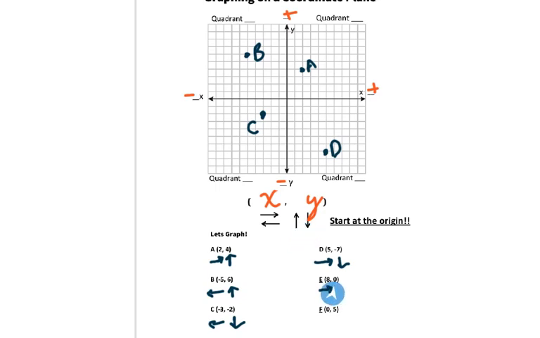So I'm not going to draw an arrow because a 0 means that we don't move on the y-axis at all. So all we're doing to graph E is going right 8 and then putting a dot there. So from the origin, we're going to go 1, 2, 3, 4, 5, 6, 7, 8. No y value. Y is 0, so we didn't move up or down.